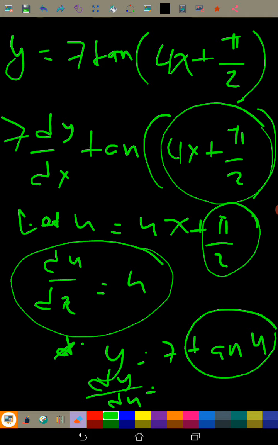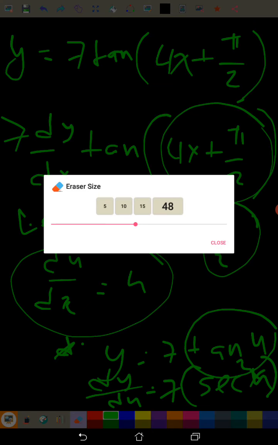Differentiating tan, you get sec square, that's what I know. So it's going to be u here.